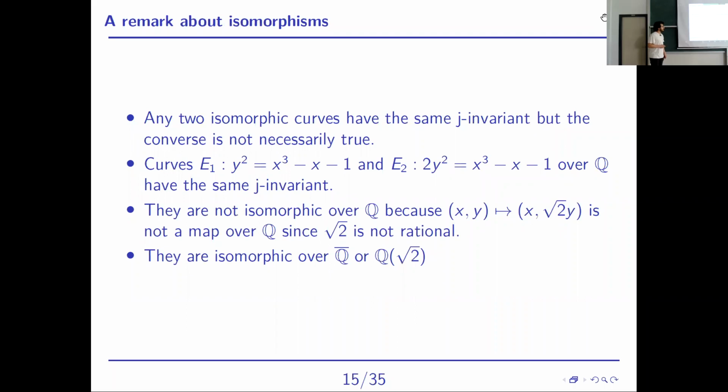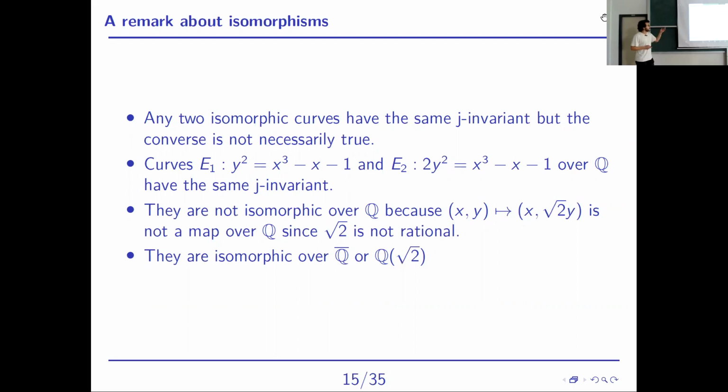I would like to give some extra remarks, but the converse is not necessarily true. If two elliptic curves have the same j-invariant, they need not be isomorphic over the base field that we have chosen. I have given a quick example here. We have two elliptic curves. If you consider them over the base field Q, they are not isomorphic over Q, even though they have the same j-invariant.